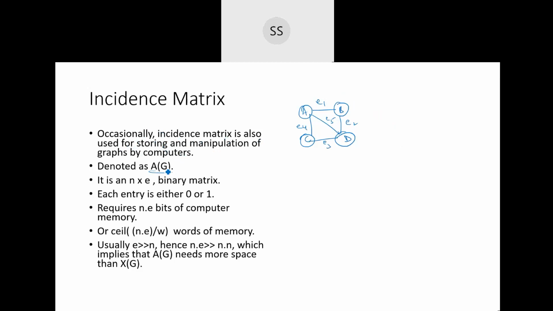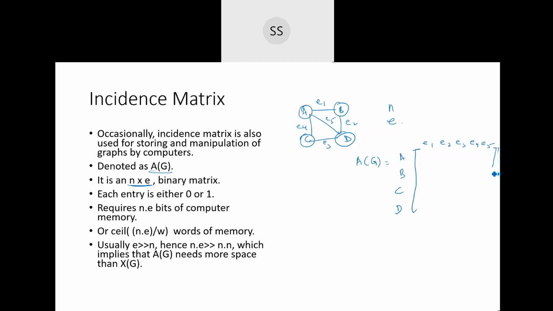It is denoted by A of G, a binary matrix of size n by e, where n is the number of vertices and e is the number of edges. So A of G is written with the rows as your vertices, A, B, C, D, and your edges as E1, E2, E3, E4, and E5.